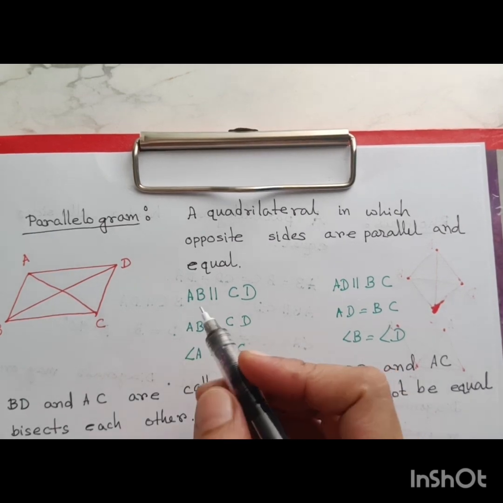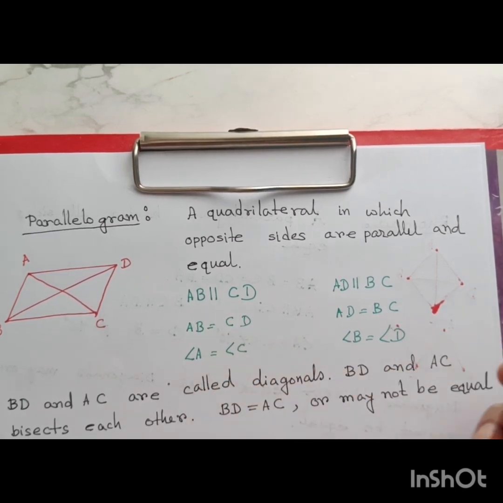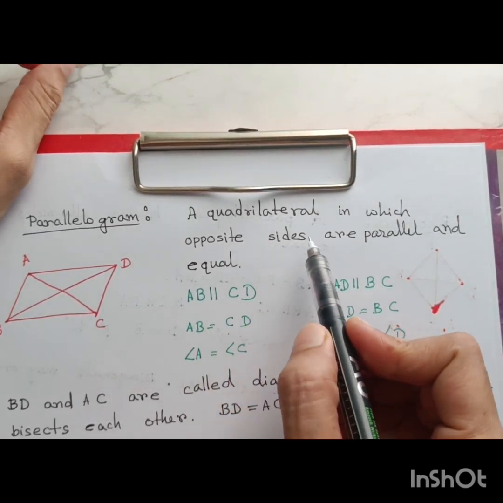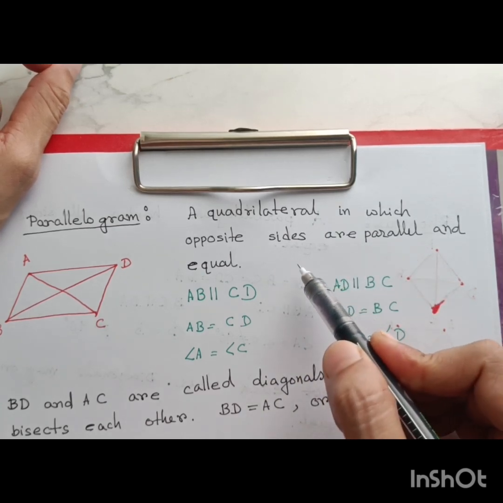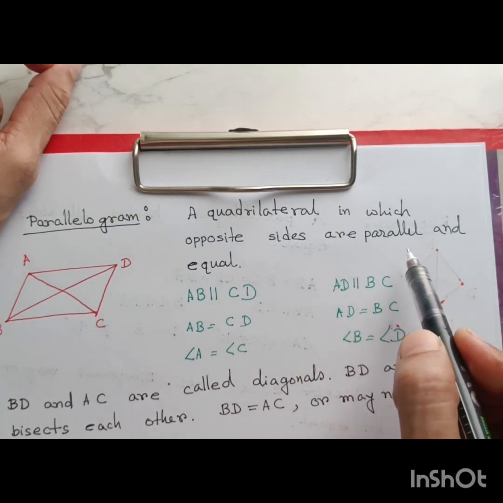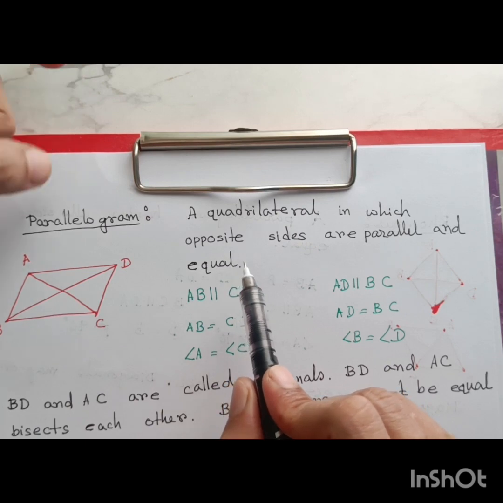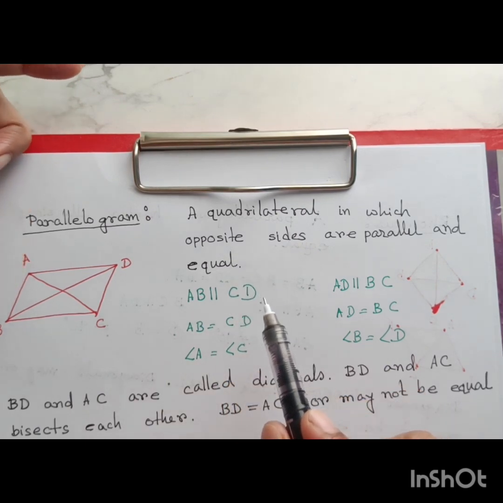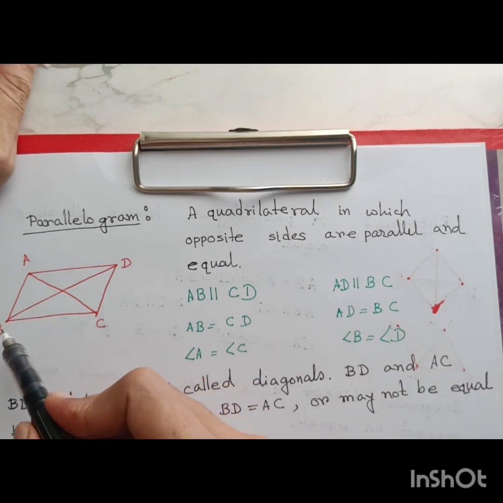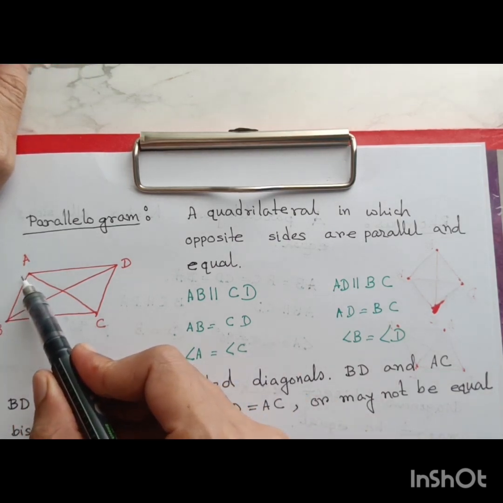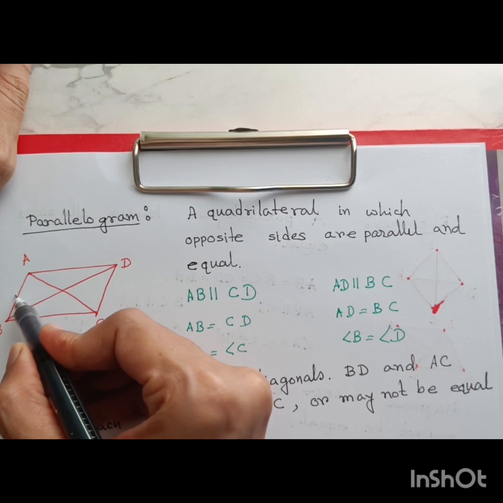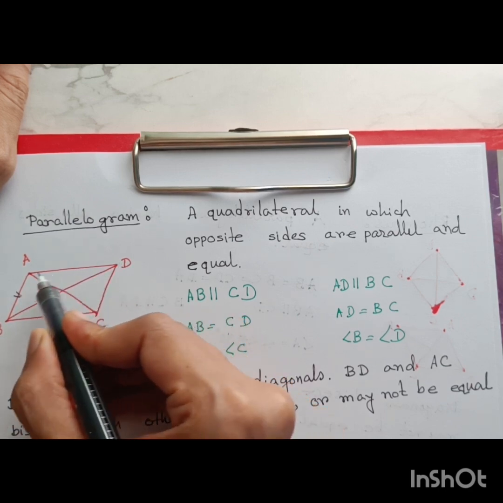Now see parallelogram. What is parallelogram? A quadrilateral in which opposite sides are parallel and equal. See, ABCD is the parallelogram. This is BA and this is DA.